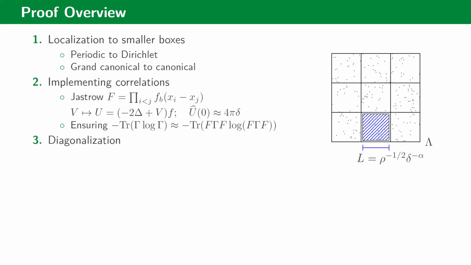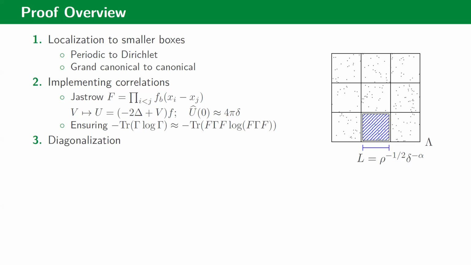Now it's with a factor 2, and it helps you to change this potential V, which you had in the Hamiltonian, into a potential U. And the nice thing about the potential U now is that its integral is 4 pi y, or 8 pi y, or 4 pi delta. And this is exactly what you saw in the expansion of this free energy formula.